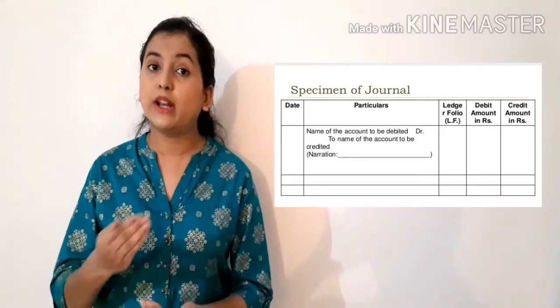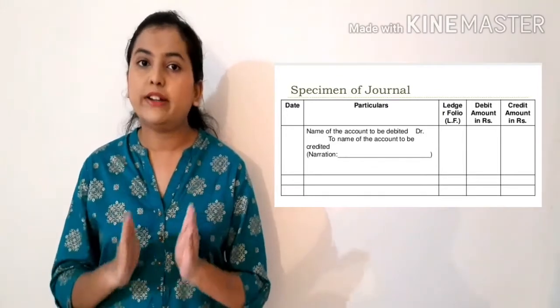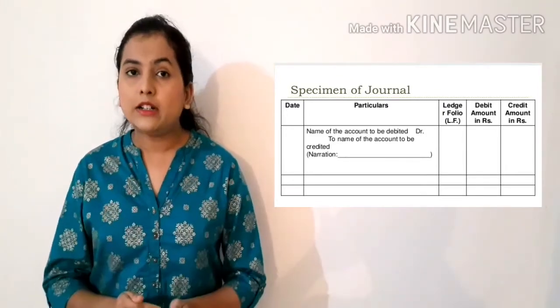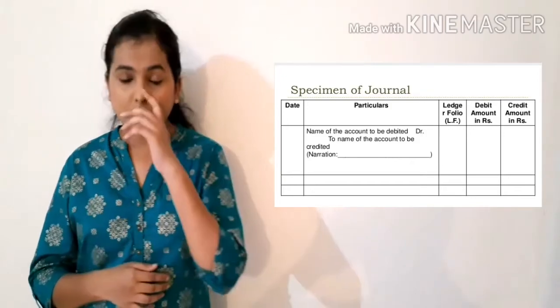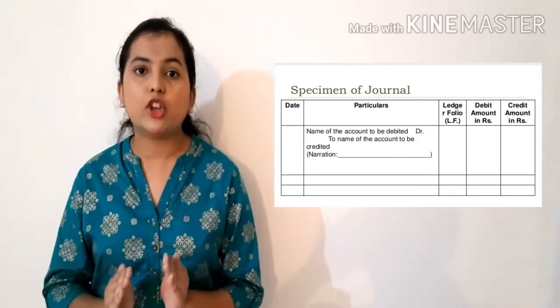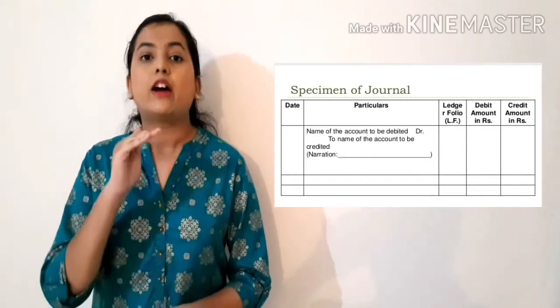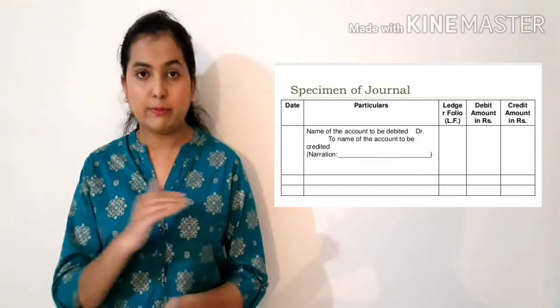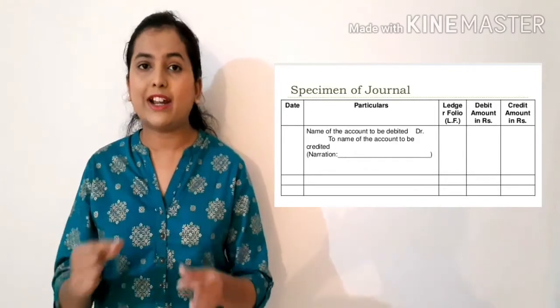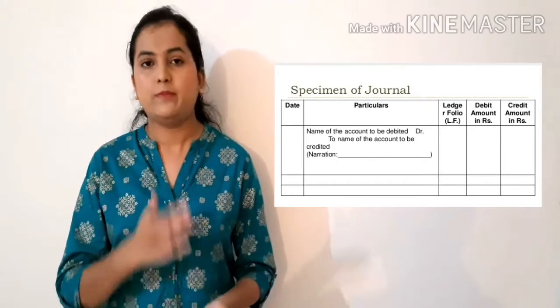Whatever the transaction is related to, according to that you have to write down the transactions. Under the two accounts, you have to write down the narration, that is the explanation of the transaction, like what type of transaction is carried out. If purchases are carried out, you have to write being purchases made against what you have purchased.